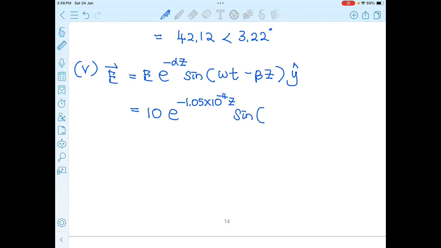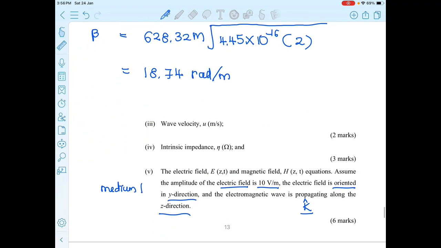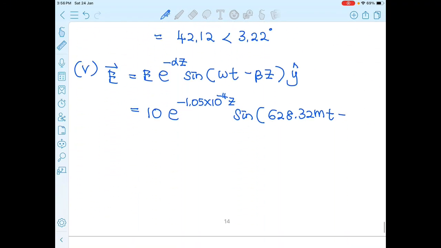For the omega, it's 2 pi f, which is 628.32 mega t. Beta is 18.74 z, and the y direction. So this is your electric field equation.